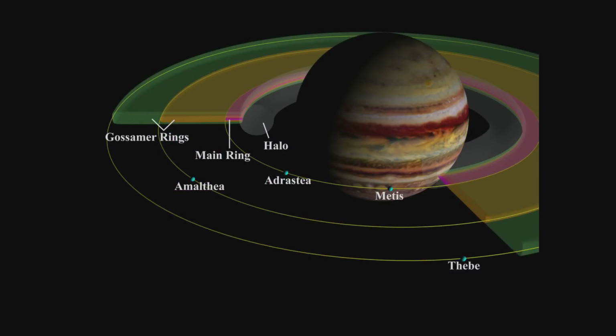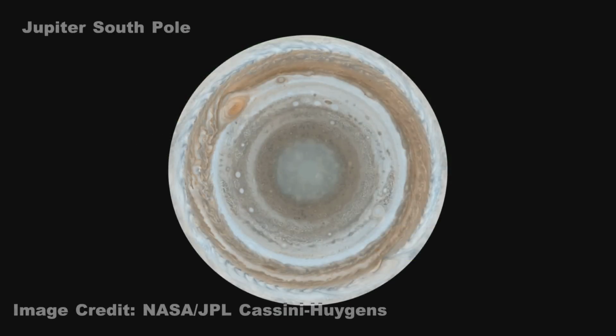This image from NASA reveals the ring formations around Jupiter. These views of the poles of Jupiter reveal very organized patterns about its axis.